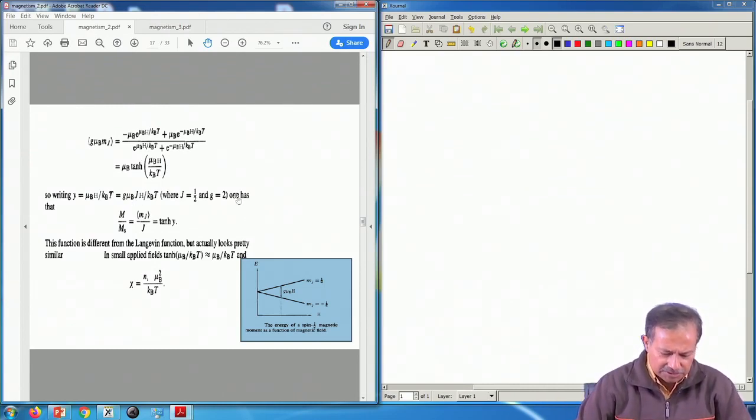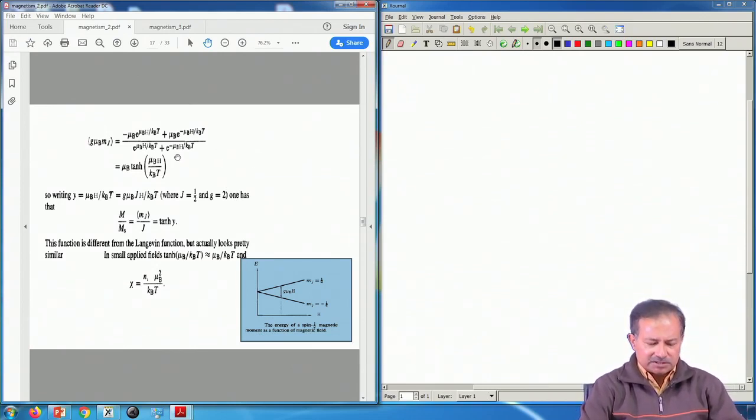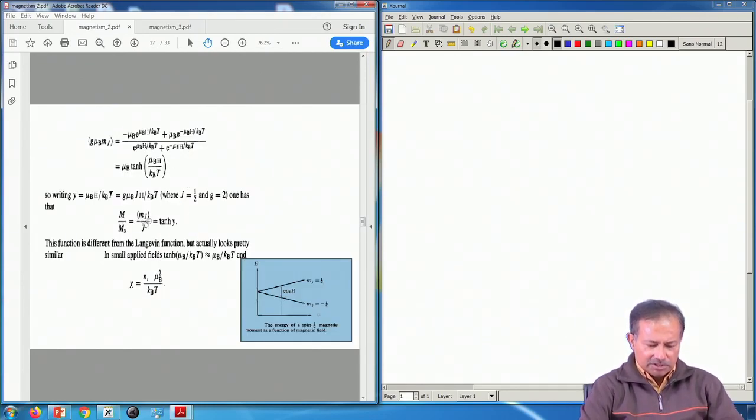So, let us do the calculation. As I said, one can calculate the expectation value of this quantity as we do in statistical mechanics. Multiply that quantity by the corresponding Boltzmann factor, and then sum, and at the bottom you sum the probabilities. That will give you a result which is m by m sub s. M sub s is the magnetization when all spins are fully aligned.